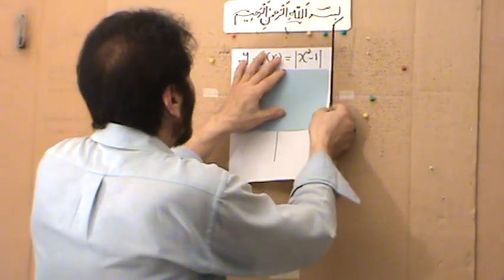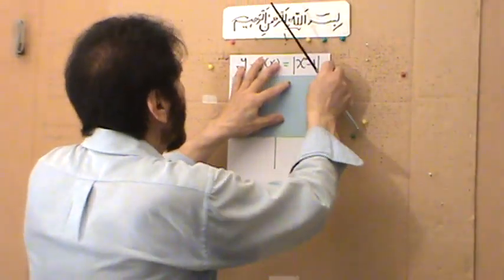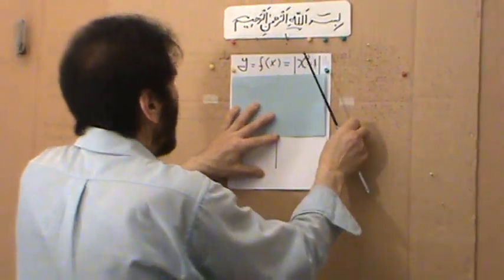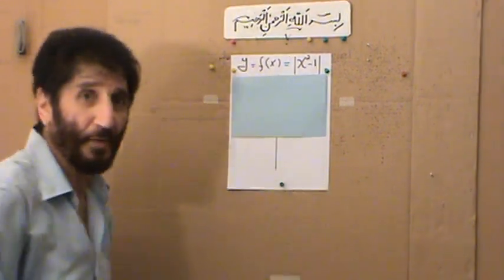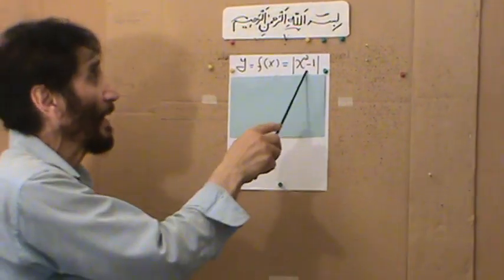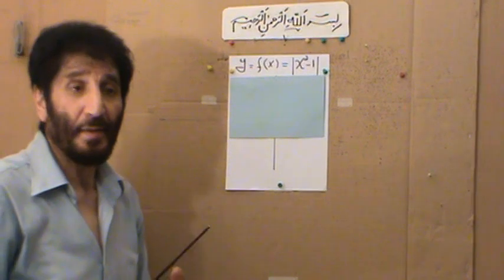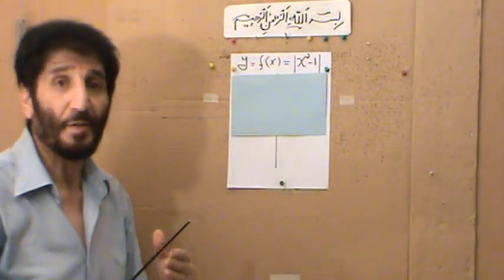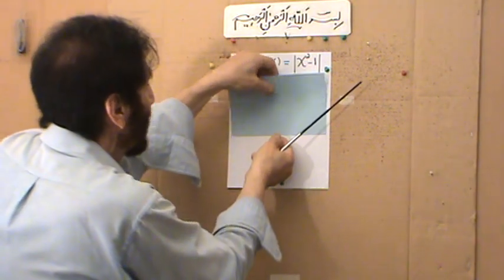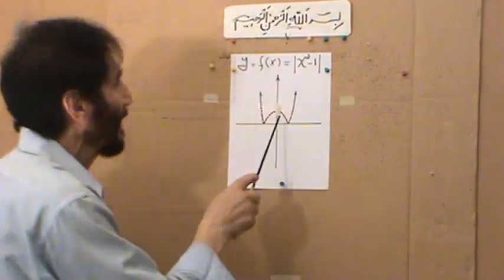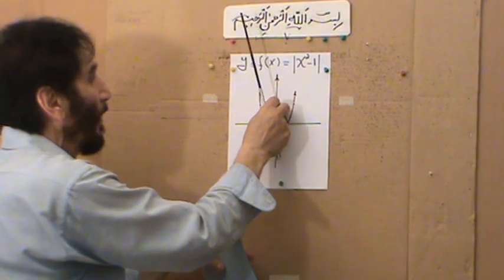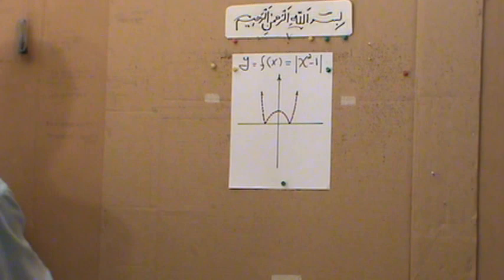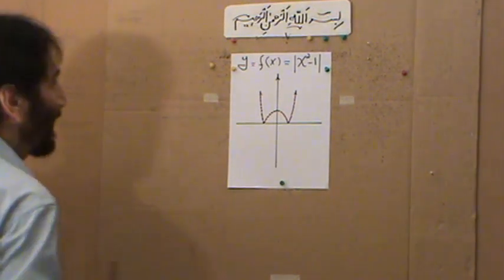Okay, now comes the moment of truth. Let's see how the graph of the absolute value of x squared minus 1 will look like. Again, I went ahead and did that one, but I immediately conclude that the graph must not fall below the x-axis. So that will be the graph of the absolute value of x squared minus 1. You follow? Very interesting, isn't it?